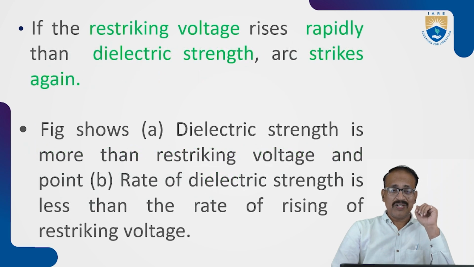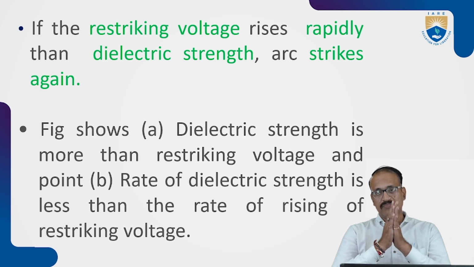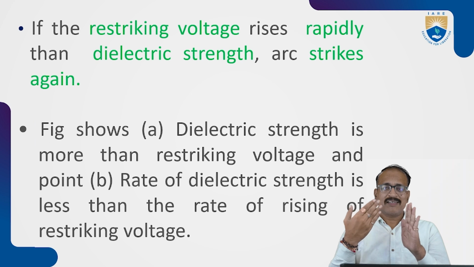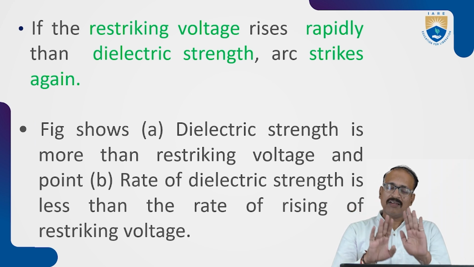If the restriking voltage rises more rapidly than the dielectric strength, what happens? The arc strikes again. If the dielectric strength rises more rapidly than the restriking voltage, what happens? The arc will not strike again.